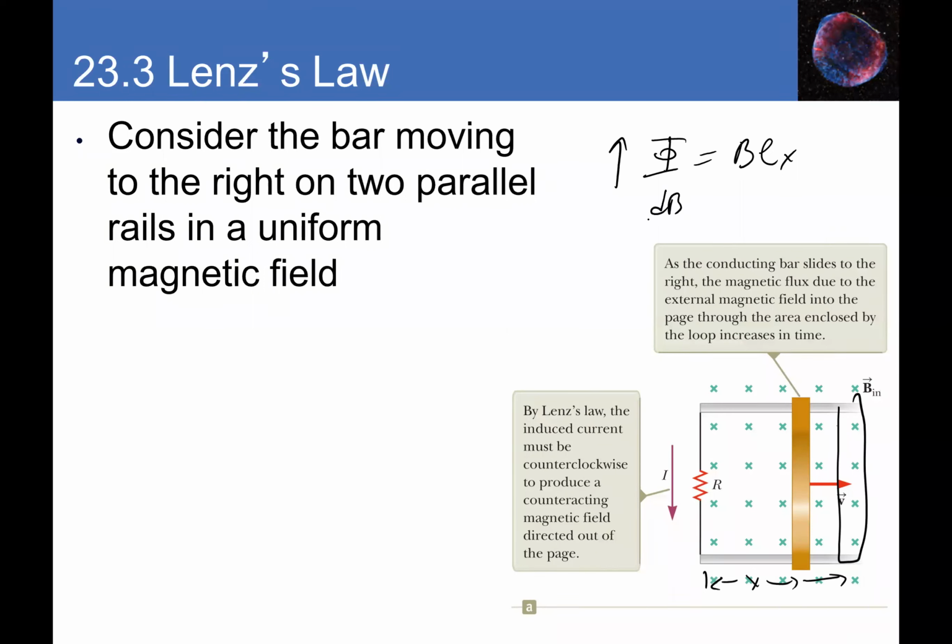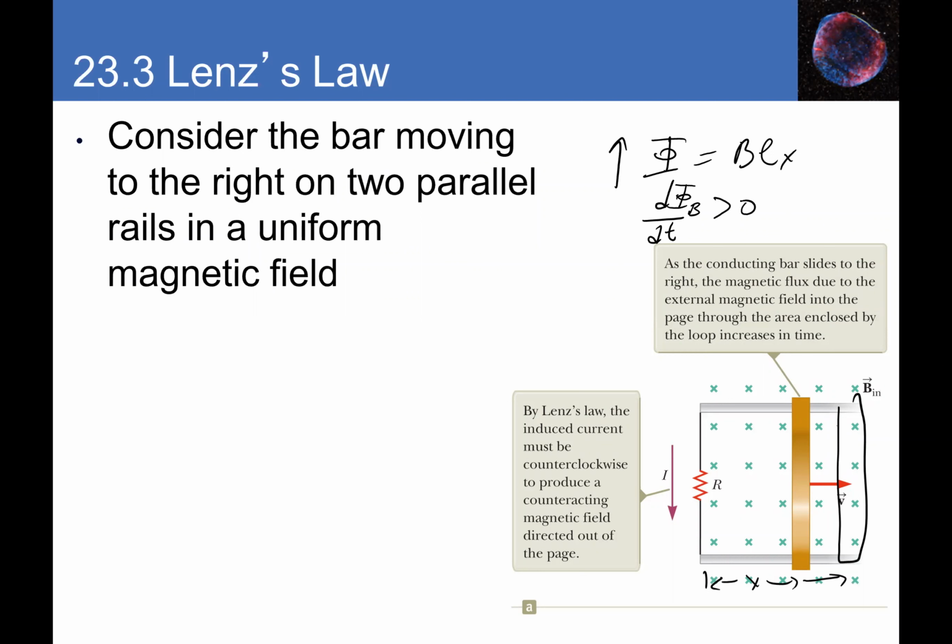That means this quantity, the changing flux over time, dΦ/dt, is positive, because it is increasing. Okay, then what do we get here?